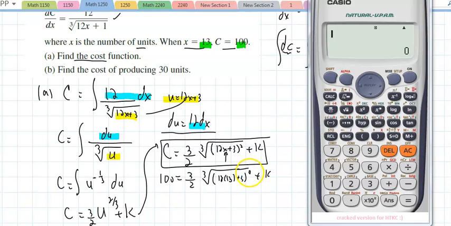Okay, I'm going to redo that. It seems I messed up a bit. So if I take 12 times 13 plus 3, and if I take that and square it, and if I take the cube root of that, so I raise it to the 1/3 power, multiply that by 3/2, I'll get 44.00259.